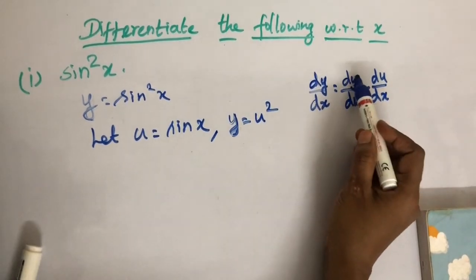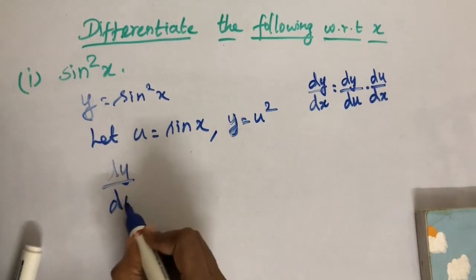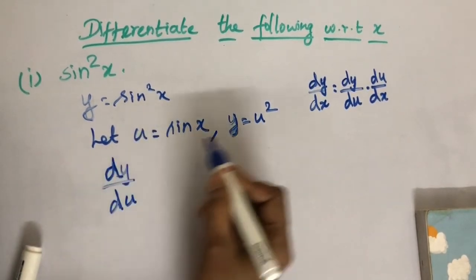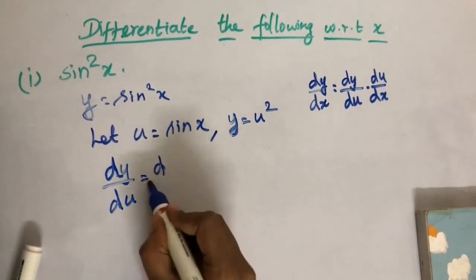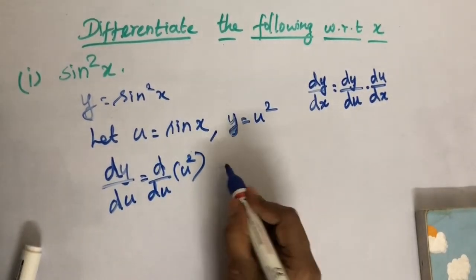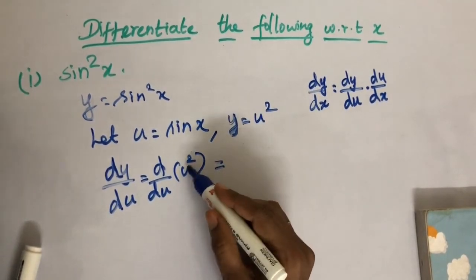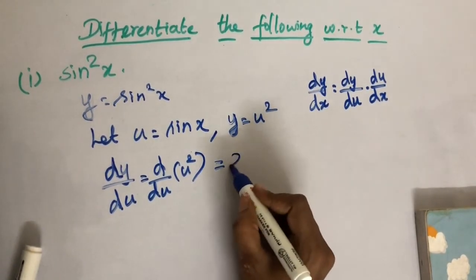If we don't have a direct formula, then we will use this method. So first, I have to find dy by du. What is our y? y is u square. That is d by du of u square. The differentiation of x square is 2x, so the differentiation of u square is 2u.